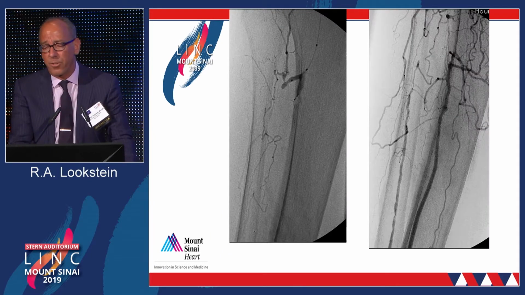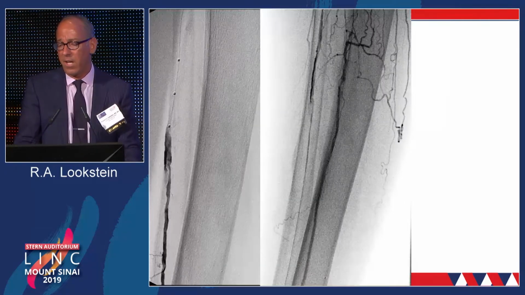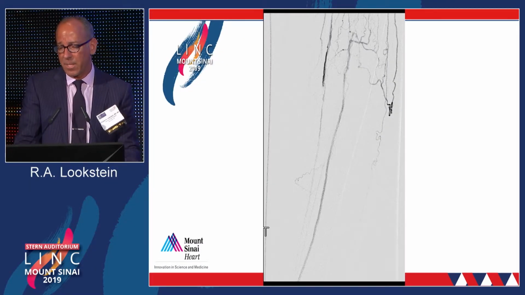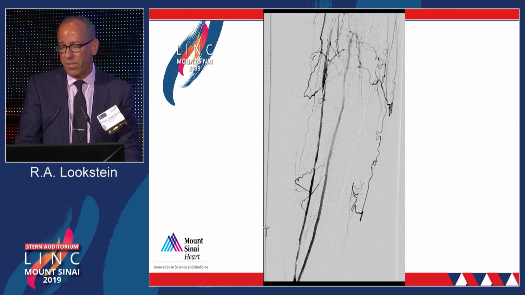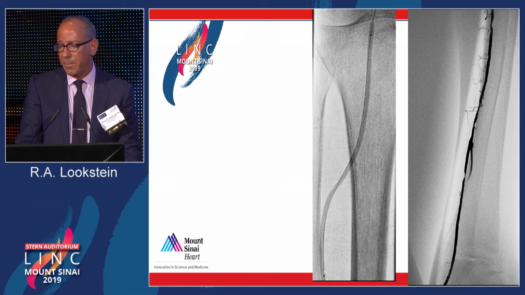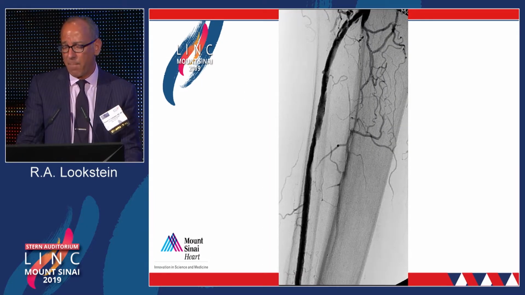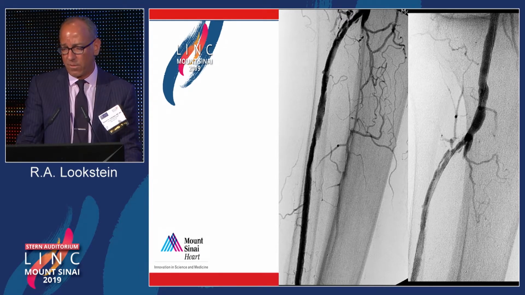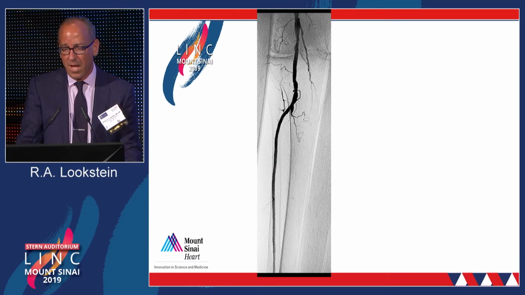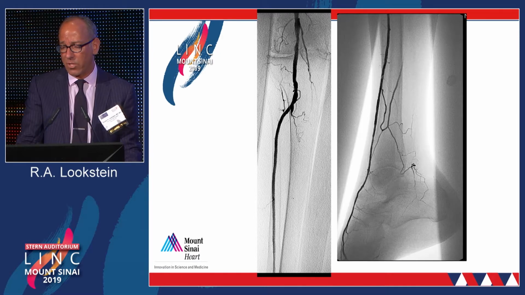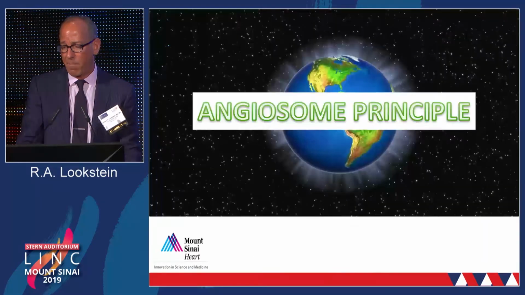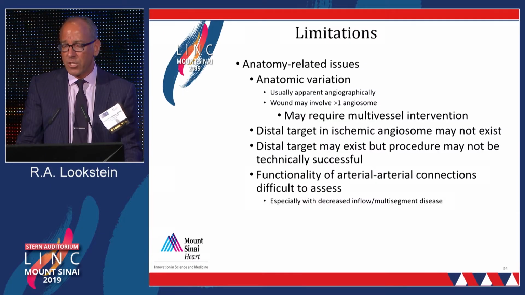So we doubled over a hydrophilic guide wire here, drilled all the way down into the anterior tibial artery, got a guide wire through, did balloon angioplasty, ended up having a couple of flow-limiting dissections, placed scaffolds here in the proximal anterior tibial artery, but got a very, very nice result after the scaffolds were placed, with a palpable dorsalis pedis pulse.